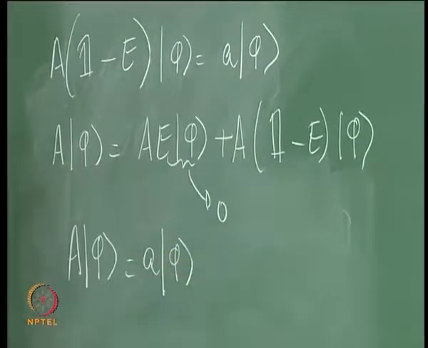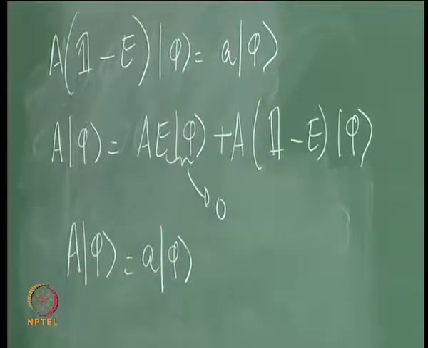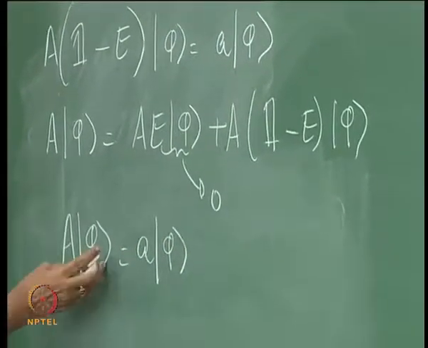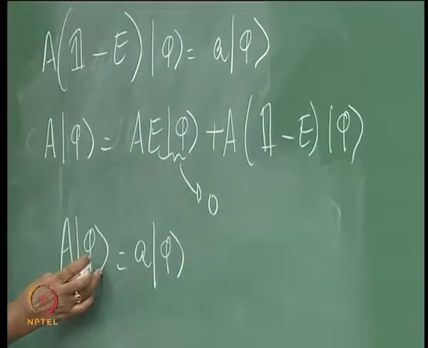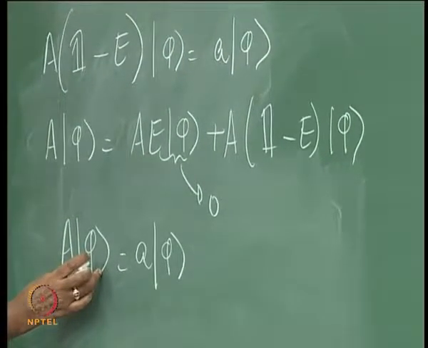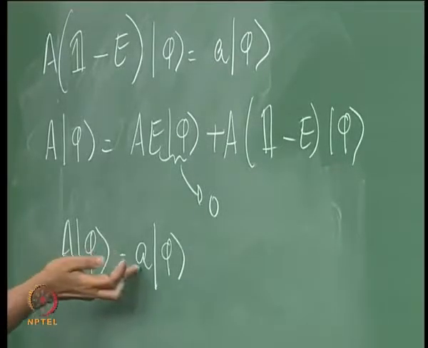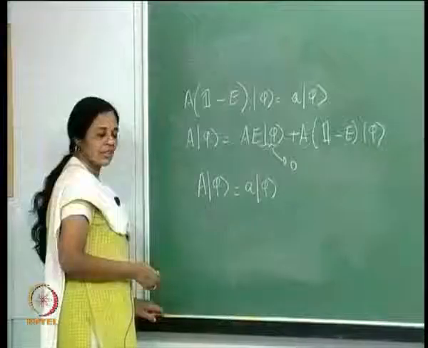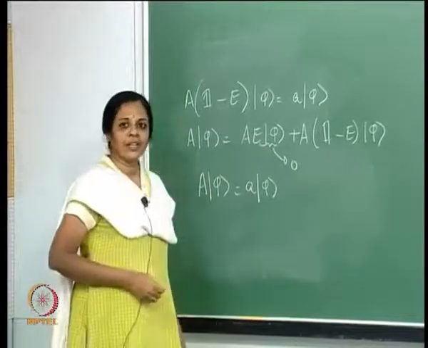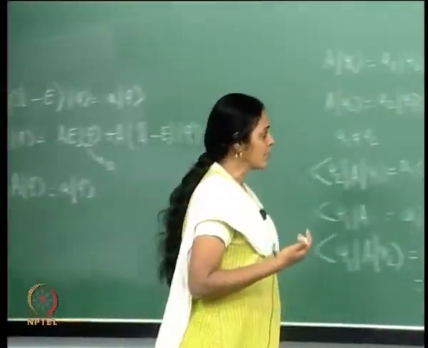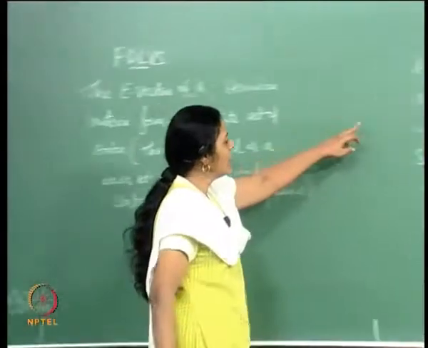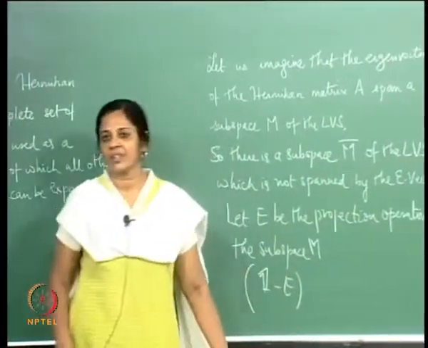In other words, what we have seen is that a state which belongs to M bar is an eigenstate of A with eigenvalue a. But all eigenstates of A we imagined would span only the subspace M.